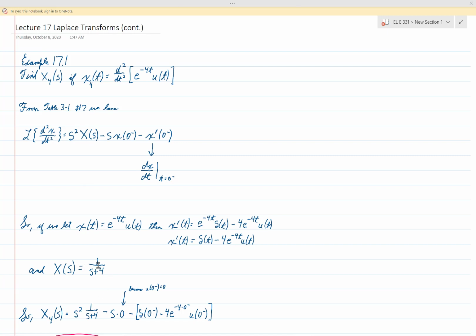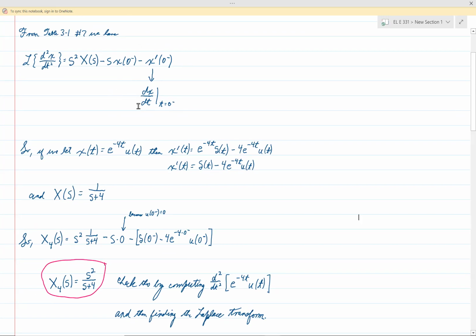So we have s squared times 1 over s plus 4, then minus s times little x of 0 minus. When we evaluate that at 0 minus, that's just before 0, but remember that u for any time before 0 is 0, so this is just 0 there.